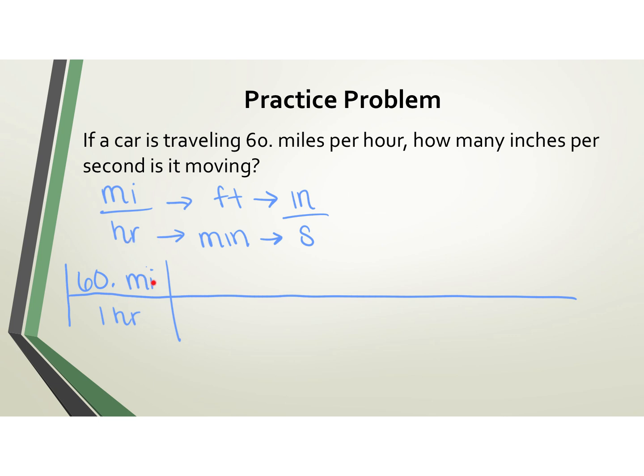Okay. So how many feet are in a mile? 5280. If mile is on the top box, what unit has to go down here? Mile. So for every 1 mile, there's 5280 feet.